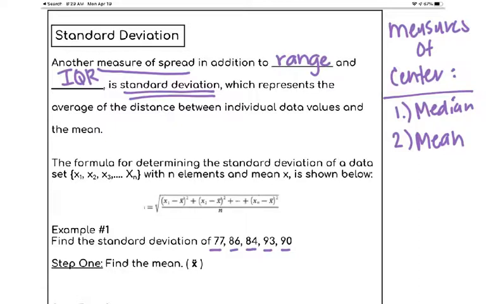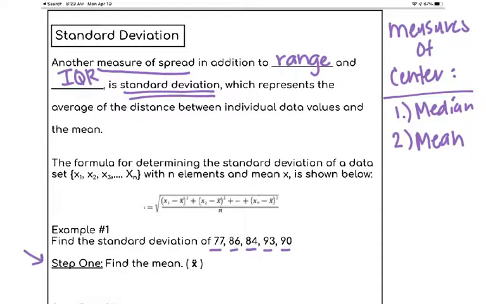So in order to find standard deviation, our first step here is to find the mean. Okay, so if you find the mean of this data set, you're going to add up all the values. It's the sum of all your values divided by however many values you have. So I want you to pause this video at this moment and go ahead and find the mean.